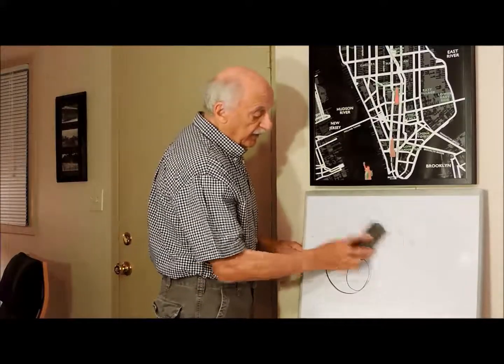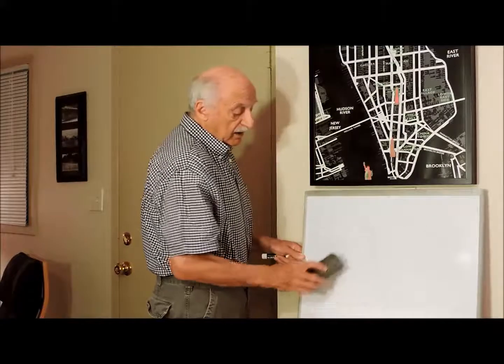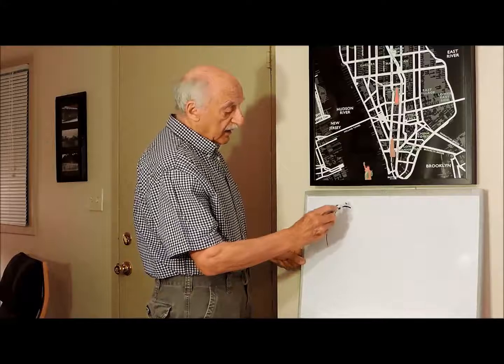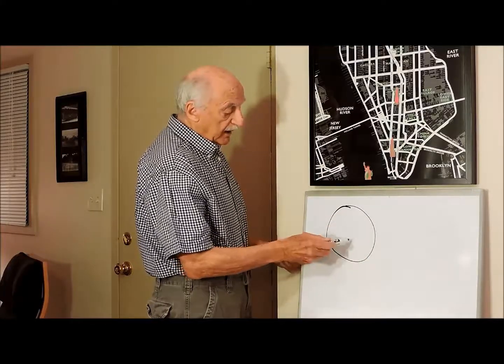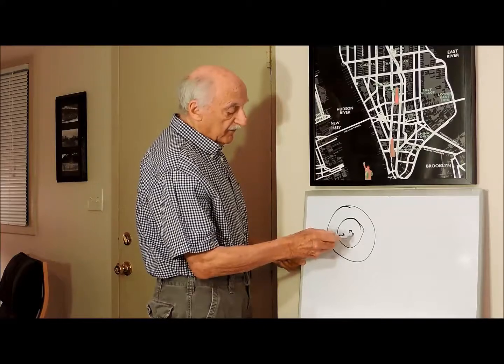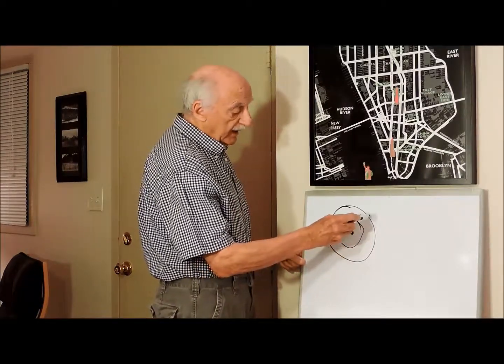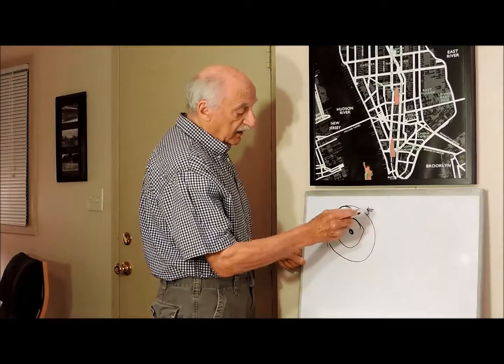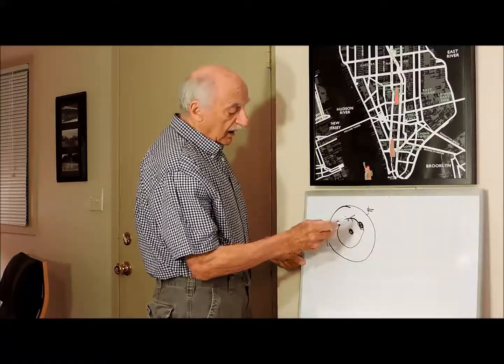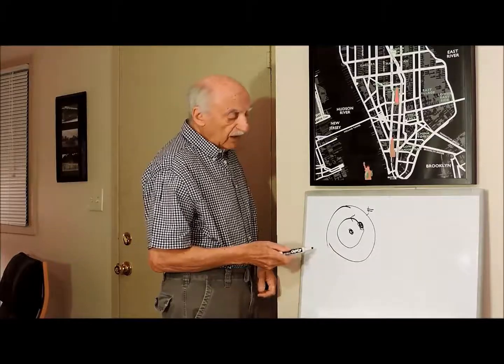Now, if the body is in a circular orbit, then it is in an orbit like that on the surface. This is the energy shell here, and this is the orbit of the body going around.